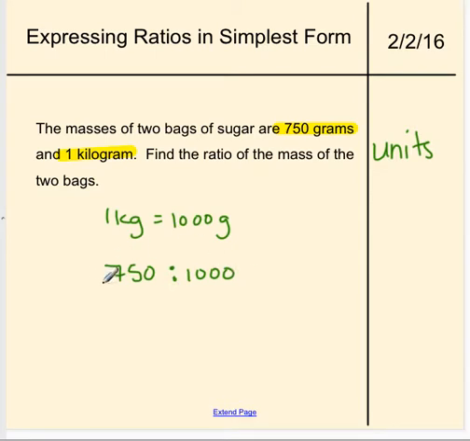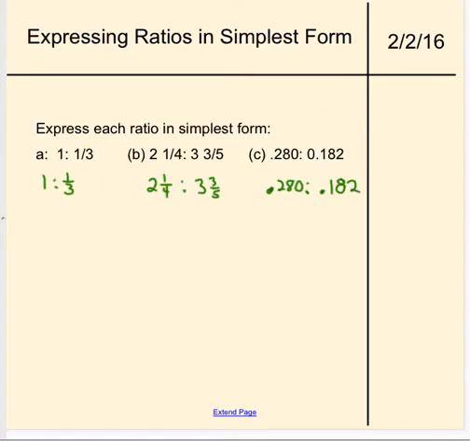Now I can think about simplifying the numbers a little bit too. They're both divisible by 10, so that leaves me with 75 to 100. And 75 and 100 are both divisible by 25, so that can leave me with 3 to 4. And so there I'm in nice simple terms.